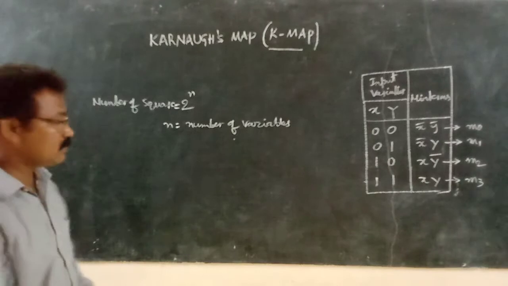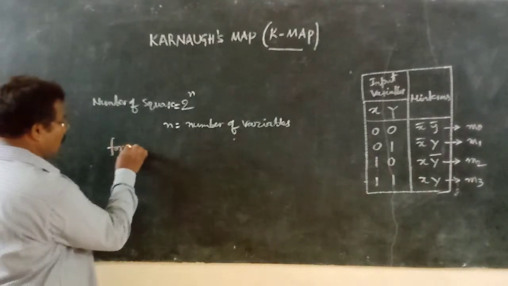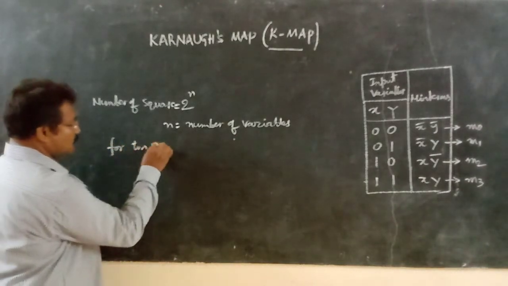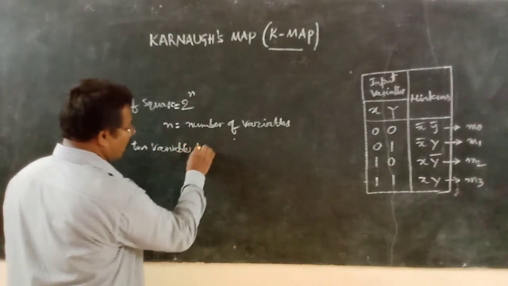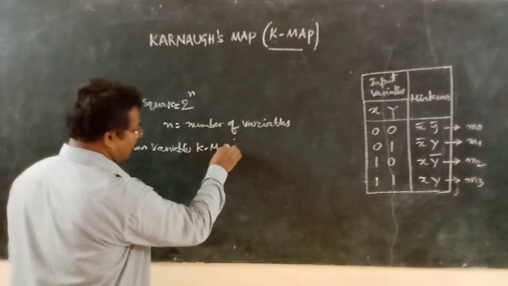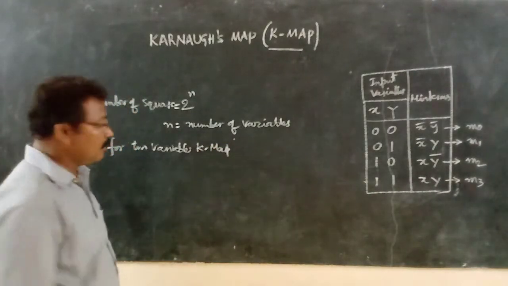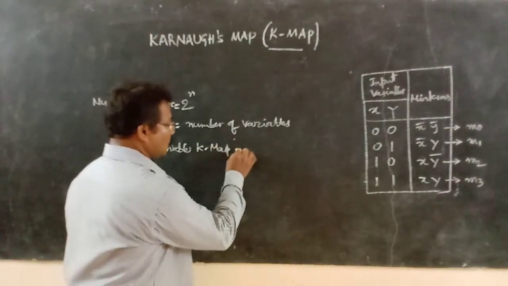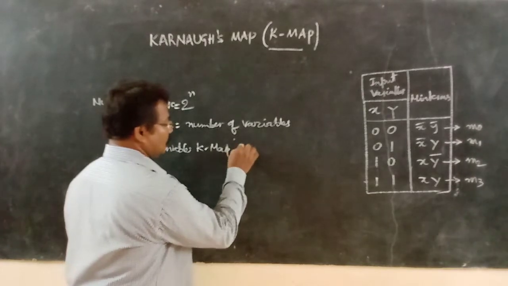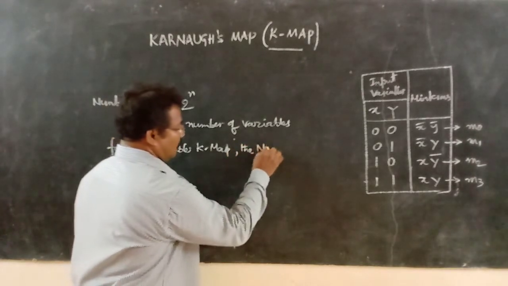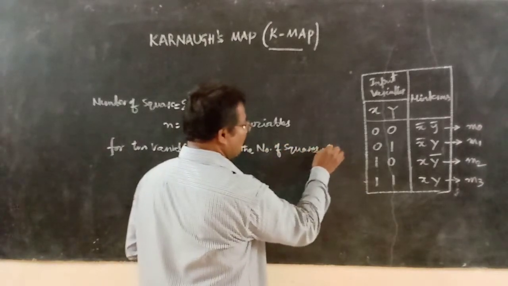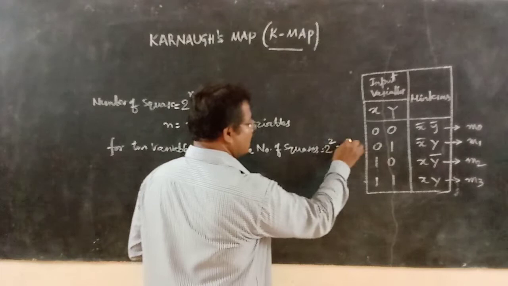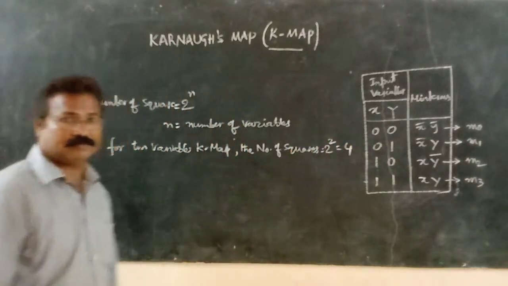For a two variable K-map, the number of squares is equal to 2 to the power of 2, that is equal to 4 squares.